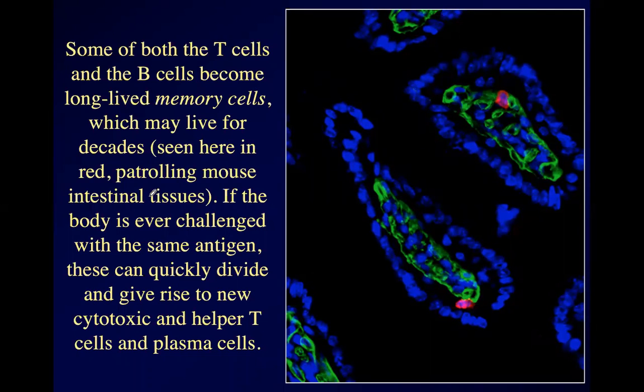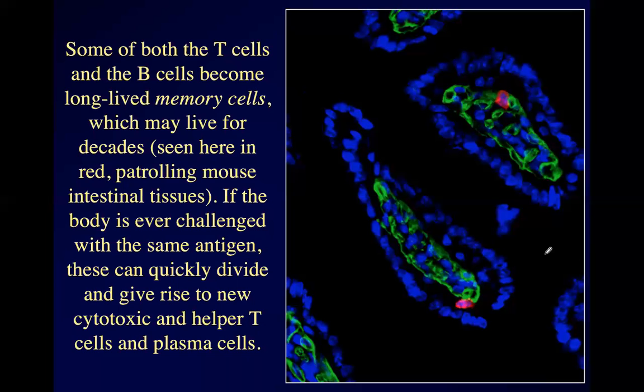If your B cells are activated when you're infected with something, the plasma cells, some of those will basically put everything they've got into cranking out antibodies like there's no tomorrow, and they'll die pretty quickly. Others of them might last a little bit longer. But in addition to plasma cells, the memory cells may live for decades.